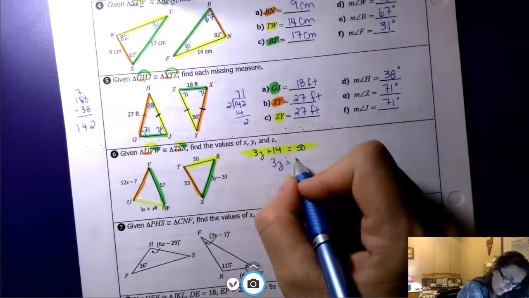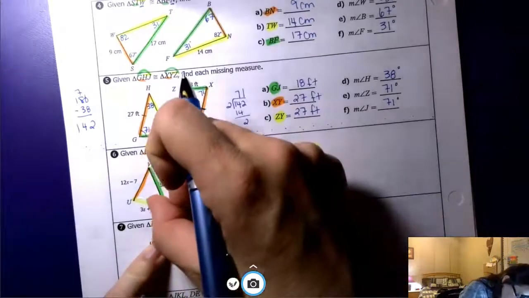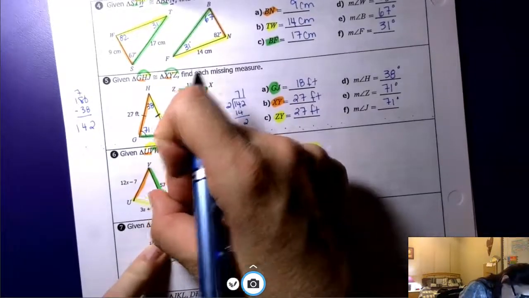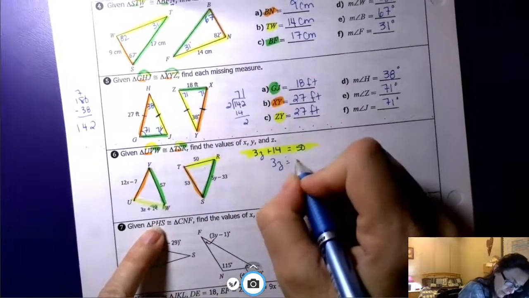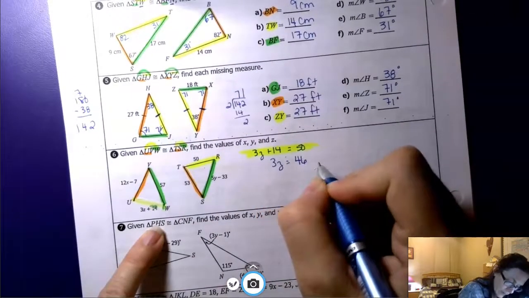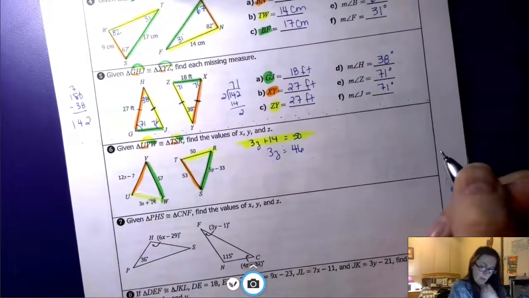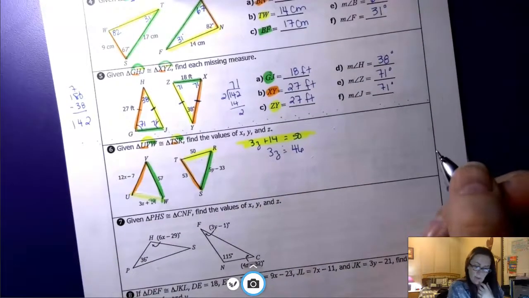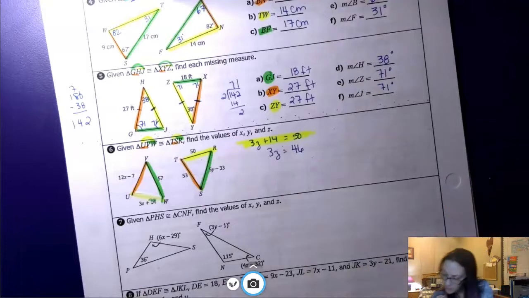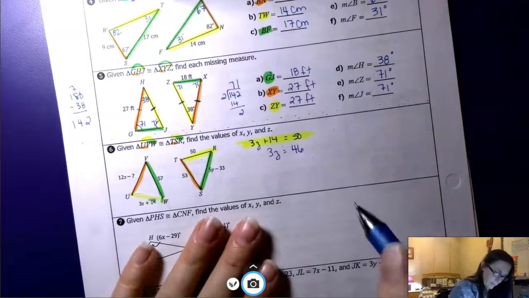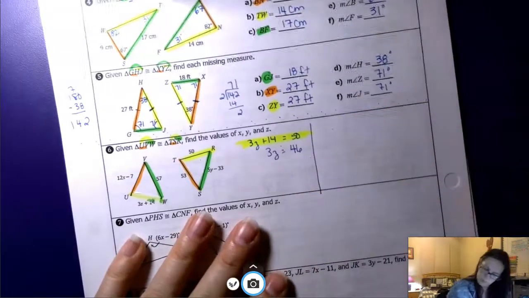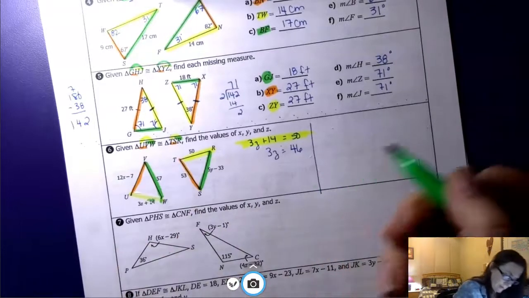Is that a 14? 46 divided by 3 does not work. I'm going to come back to that one in a minute. My answer over there was wrong too.